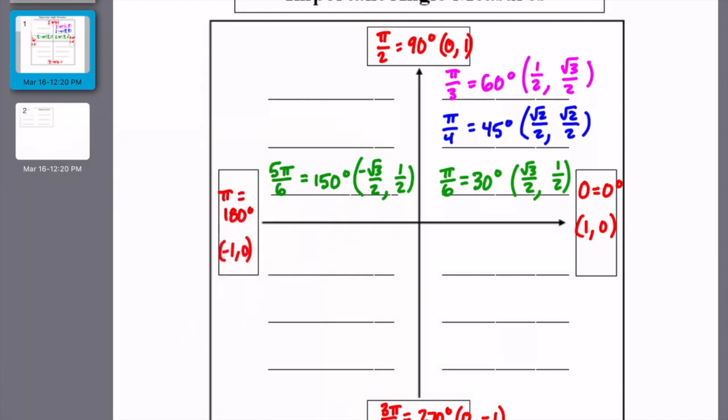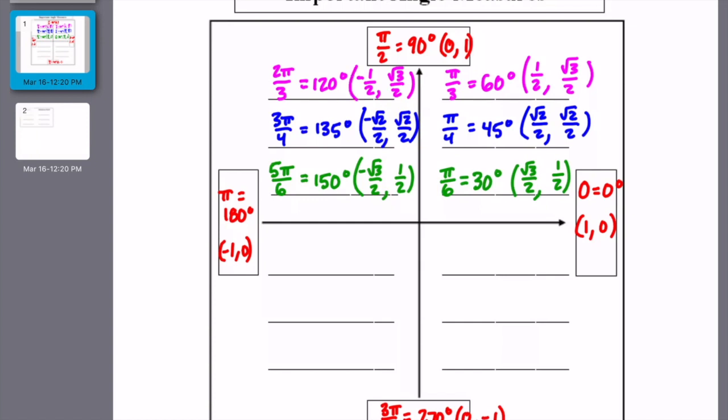Then we have 3 pi over 4, which is 135 degrees. The x value is also going to be negative, so this is (-√2 over 2, √2 over 2). We also have 2 pi over 3 in this quadrant, which is 120 degrees, and that is (-1/2, √3 over 2).